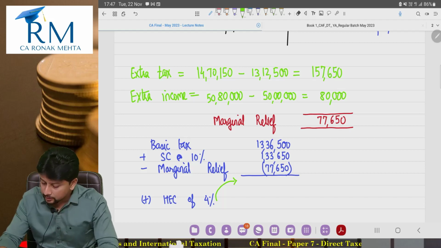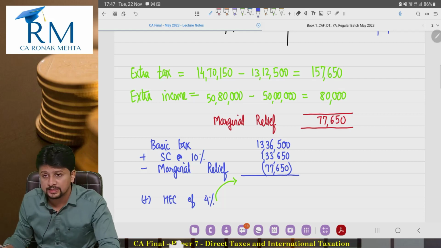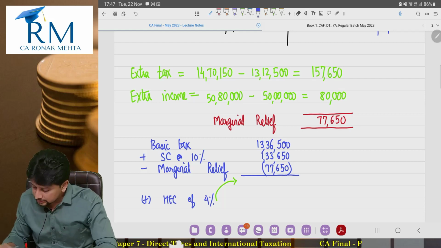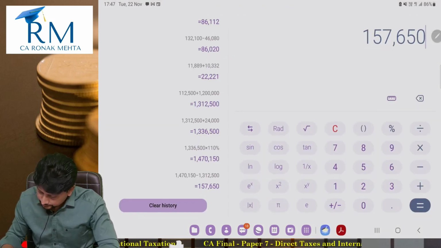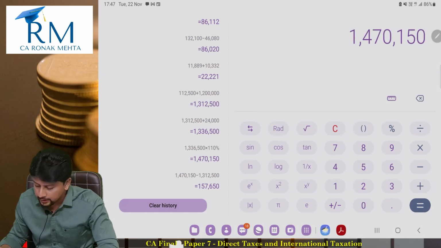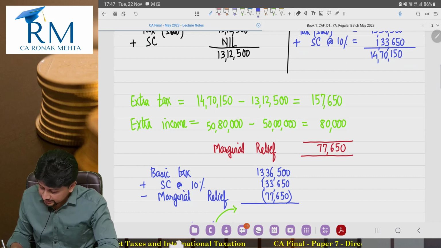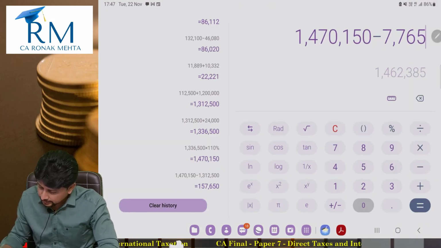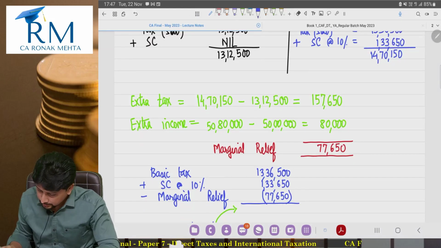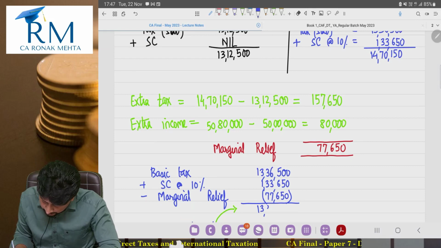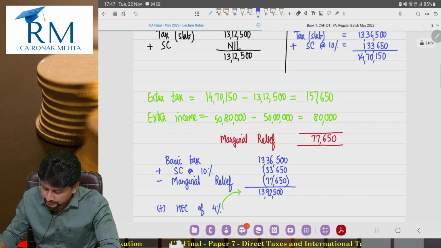Just to complete this calculation, because I want you to understand the numbers in a slightly better way also. 14,70,150 minus, what was our amount of marginal relief? 77,650. My income tax is going to be 13,92,500, on which I am going to calculate my health and education cess.